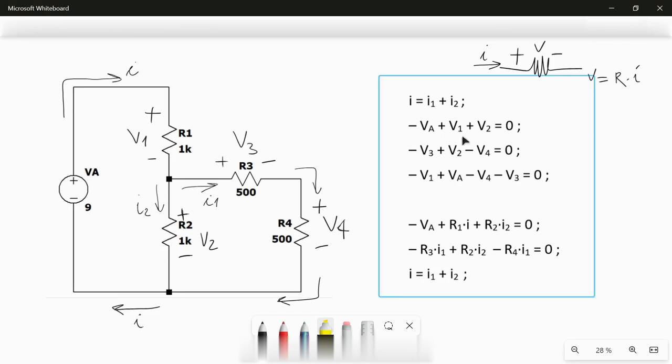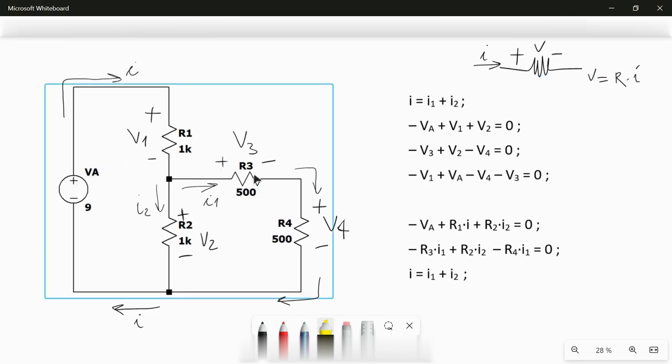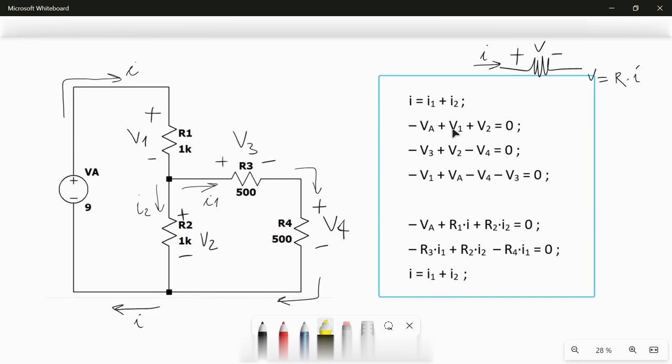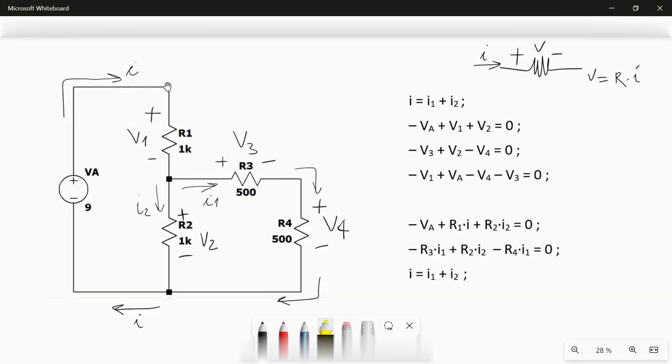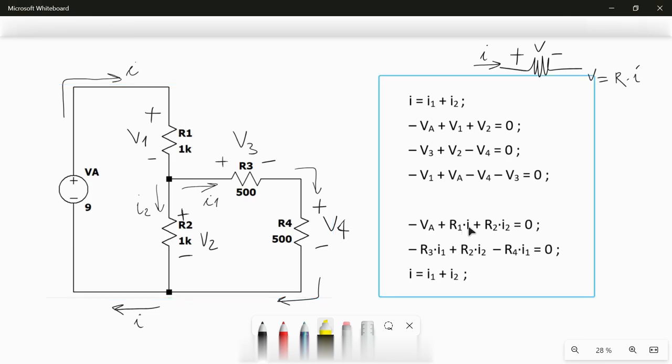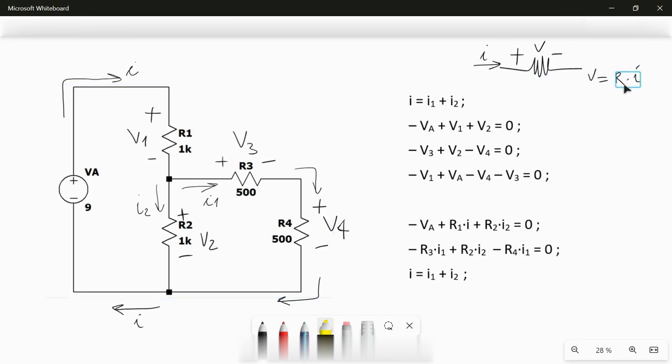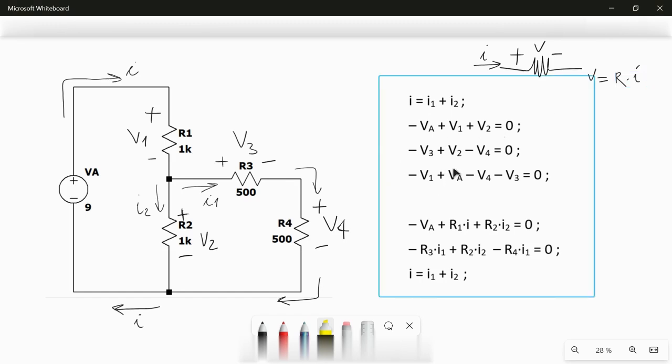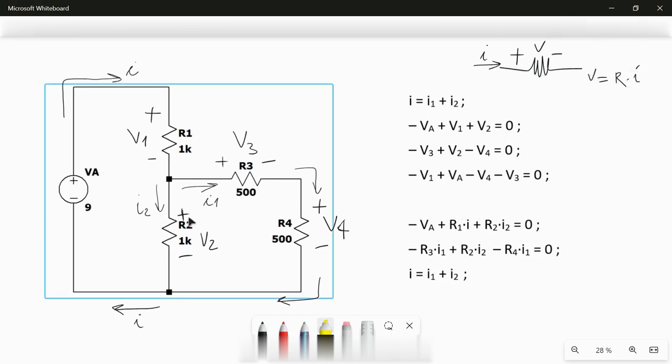Now, in each of these equations, I change where I can, I change voltage drop for a product of current and resistor. So the first equation will become minus VA, it's just the same as the battery I have here, then plus V1. V1 is given by the current I multiplied by R1. So R1 times I, with this positive sign, because V is equal to R times I. Then I have V2 here.